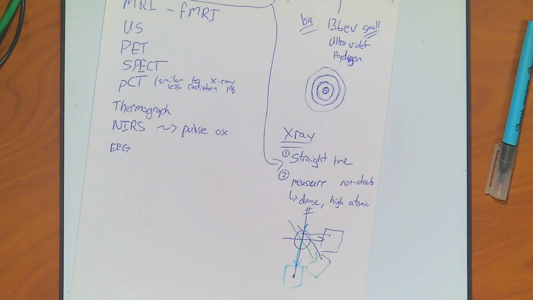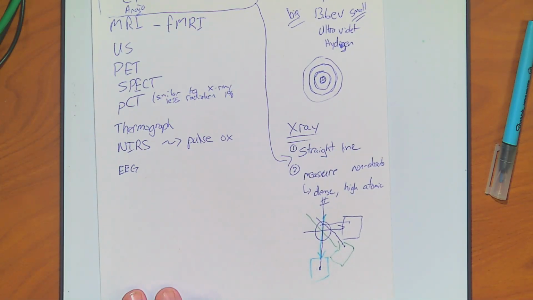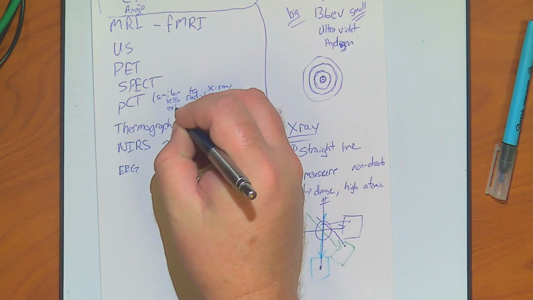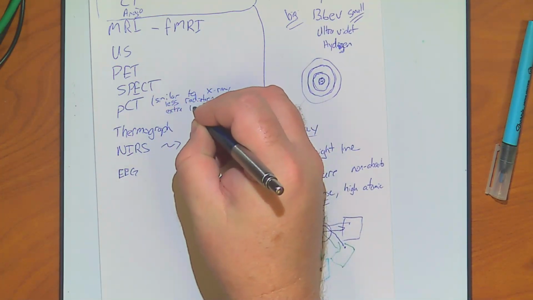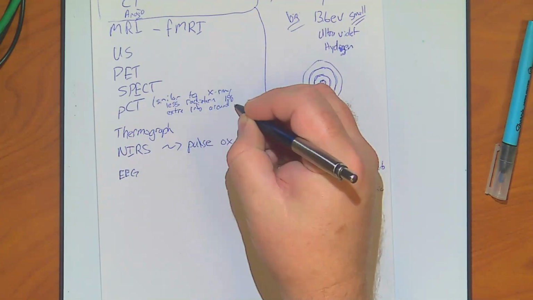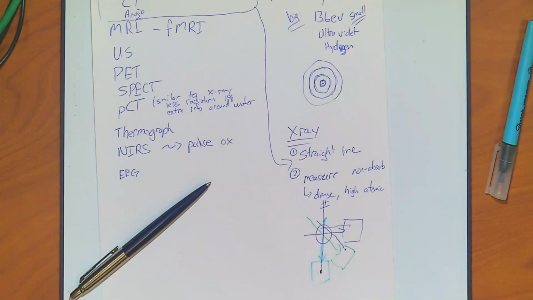So ballpark about 1% the radiation to take a 3D image as a CT will do, and a little bit of extra info around water. So it'll be like an X-ray with some extra water stuff.